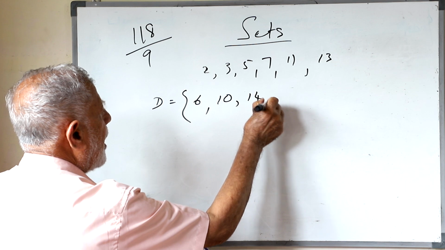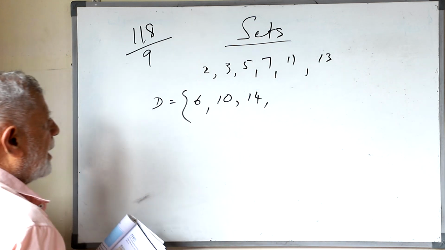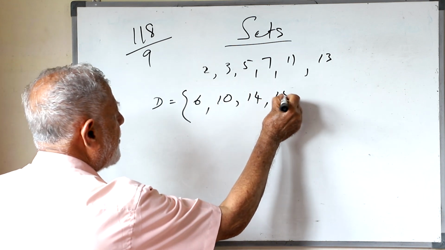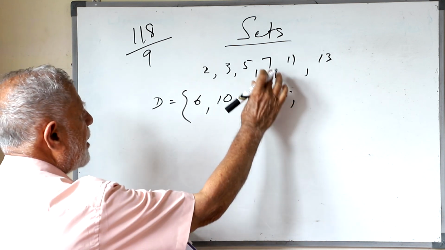2 times 11 is 22, you can't take that. Then 3 times 5 is 15, we can take that. 21 also you can't take.